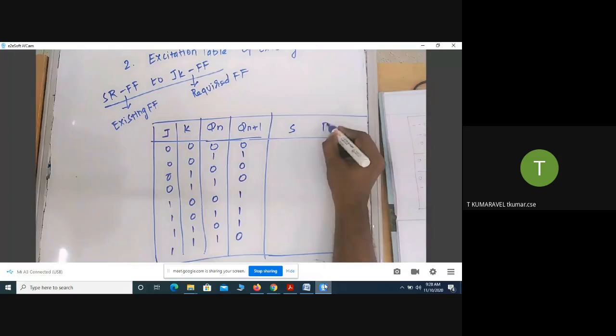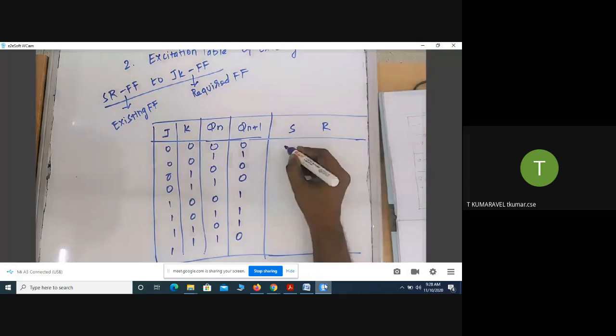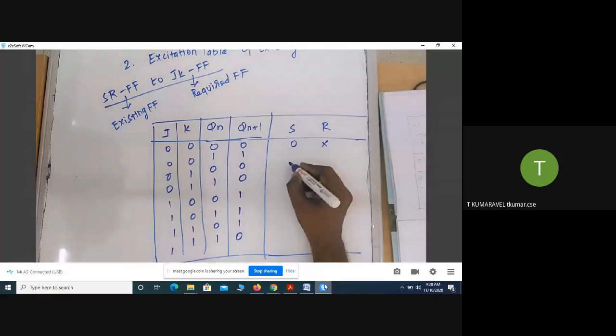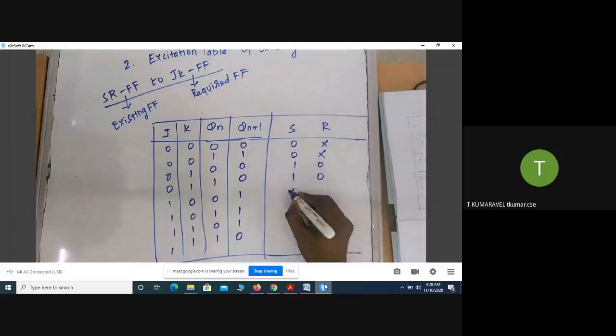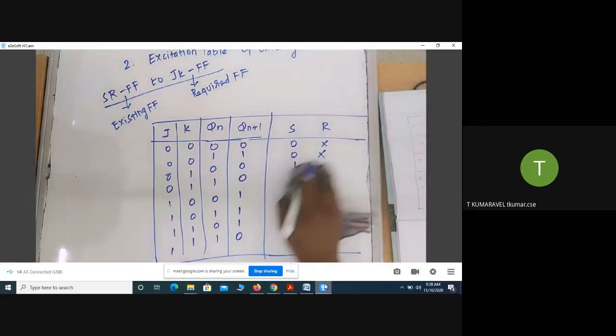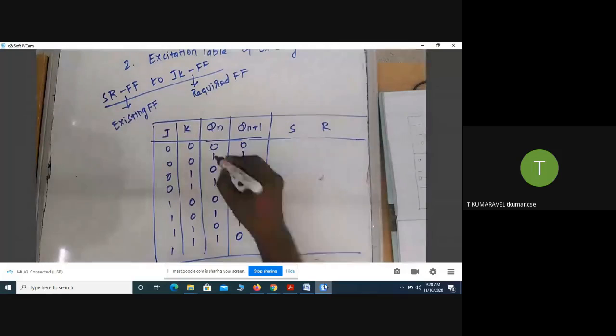What is the excitation table for S and R? Already we have seen that. I hope that all of you know that, so I'm simply going to fill up the table. So what is the input combination? Here 0 and 0.